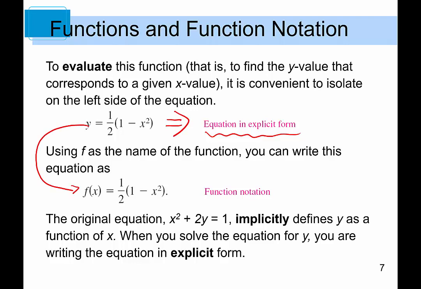You have to put it in function notation. So anytime you need function notation, you're going to write f of x equals, let's say, ax squared plus bx plus c. This is the function notation for quadratic equations.